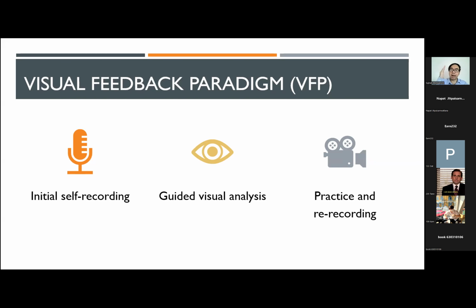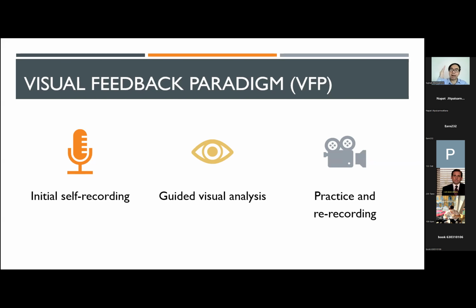A short introduction of Praat. It is the Praat program.